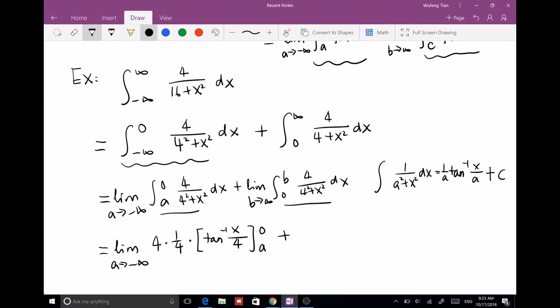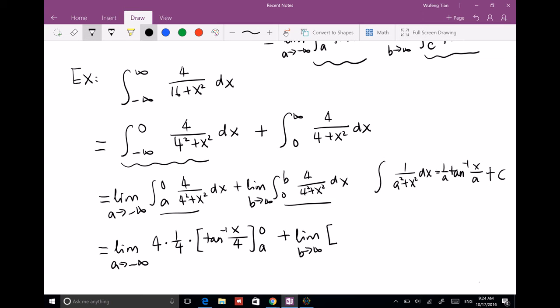Wouldn't it just be the same thing, but instead of a to 0, it would just be 0 to b? Yes, it's going to be the same thing. It's going to be tangent inverse of x over 4 from 0 to b. But here you have to put another limit, because b goes to infinity, just as a goes to negative infinity. You have to put b to positive infinity.